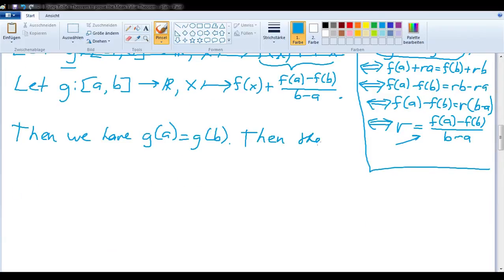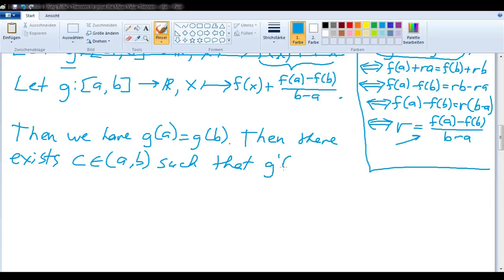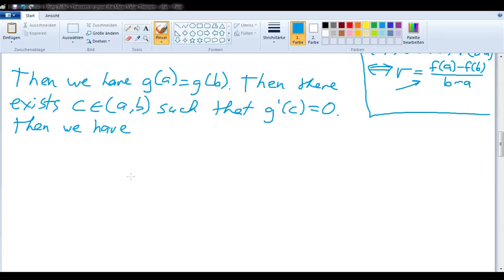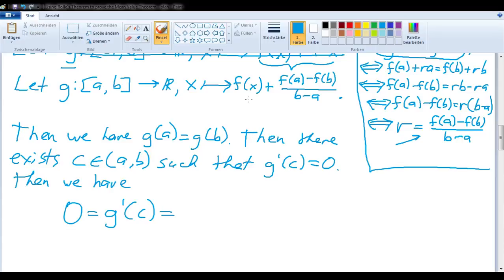Then there exists c in (a, b) such that g prime of c is equal to 0. Now if that's the case, then we have this very nice result. 0 is equal to g prime of c, and now we can just sub in this here.